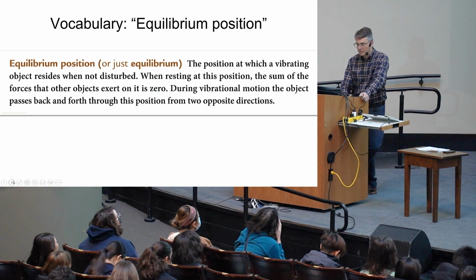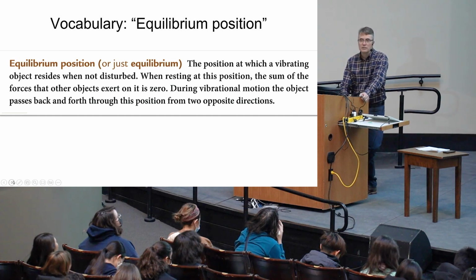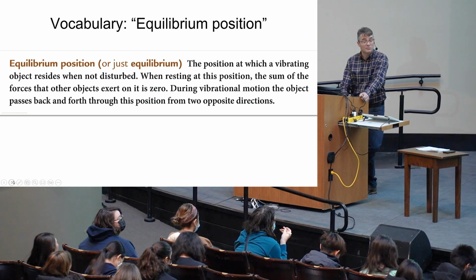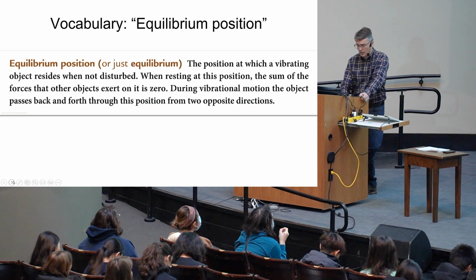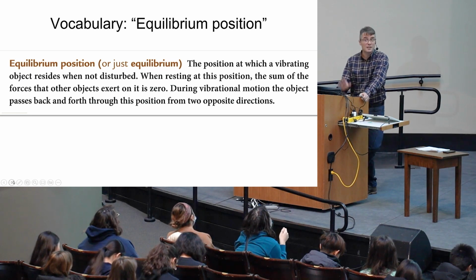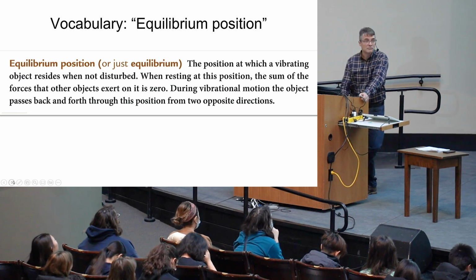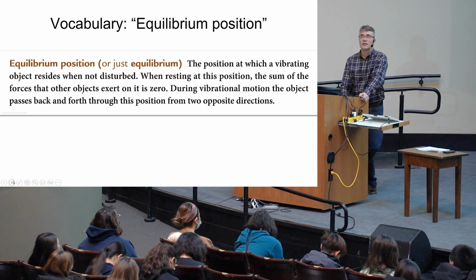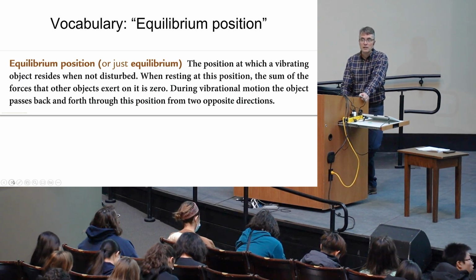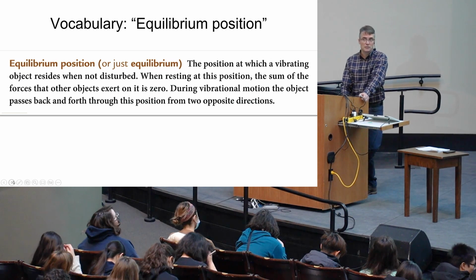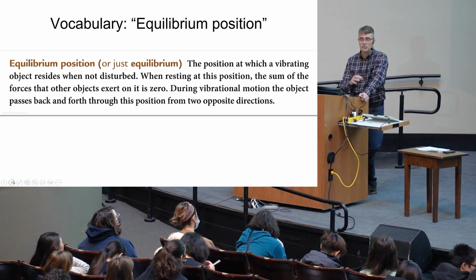There's an equilibrium position, which is where there's no force on it. When resting at this position, there's no acceleration. But during vibrational motion, whenever it gets to that position, it's moving. And so having non-zero velocity but zero acceleration means you keep going, you overshoot.